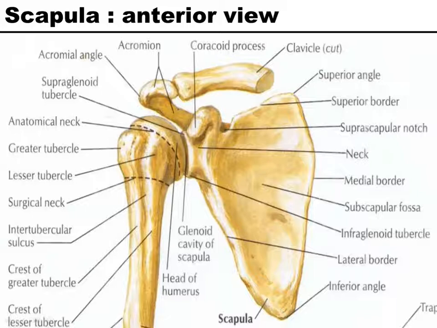It has a medial border which is thin, running from the superior angle up to the inferior angle. It is near the vertebral column, so it is also called the vertebral border. The third border is the lateral border, and it is the thickest border, extending from the glenoid cavity up to the inferior angle.